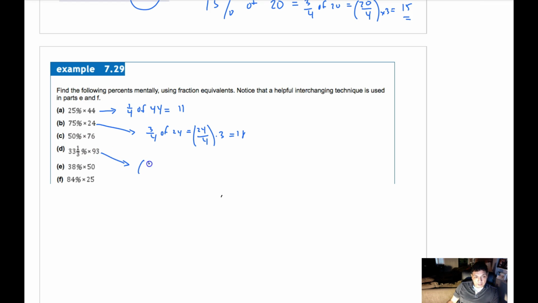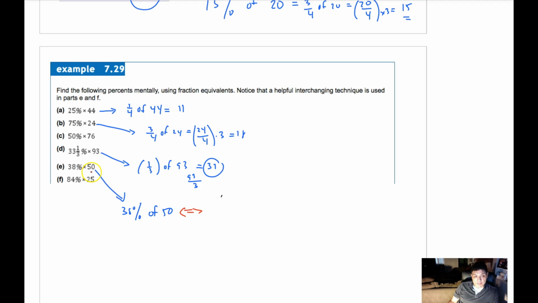33%, that would be 1/3 of 93. And so that answer is going to be 31, because you're just going to do 93 divided by 3, which is 31. This one's interesting in that you want to do 38% of 50. There's an equivalent kind of thing you can do here.